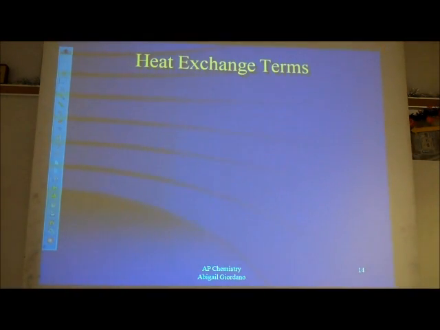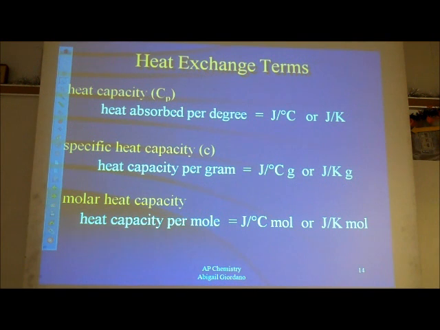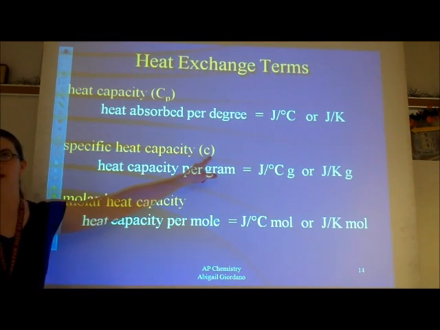Before we jump into the math with this, I need to refresh your memory on some terms. I want us to focus first on the one in the middle, because this is the one you should be familiar with. Specific heat capacity. And that is a lowercase c.